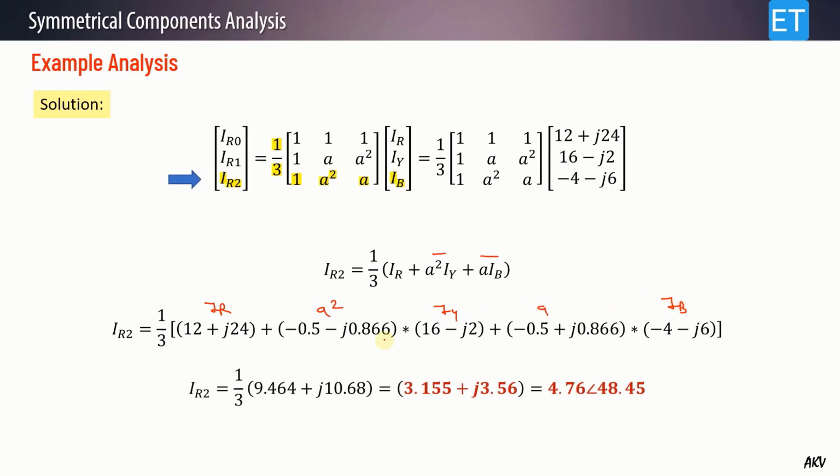Solving this I get IR2 equal to 3.155 plus J3.56, and in the polar form it is 4.76 ampere angle 45.45. So here you can see that I have found IR0, IR1 and IR2, similar to what we found for VA0, VA1 and VA2.